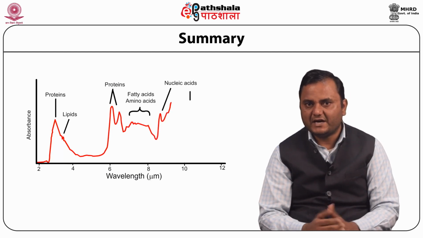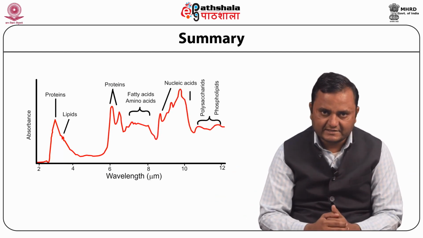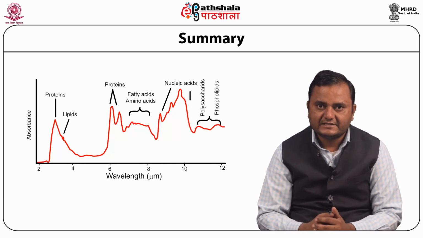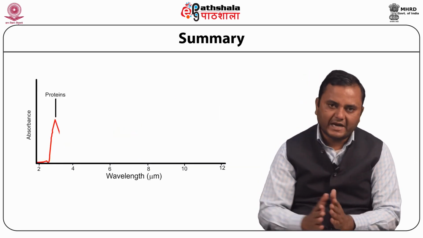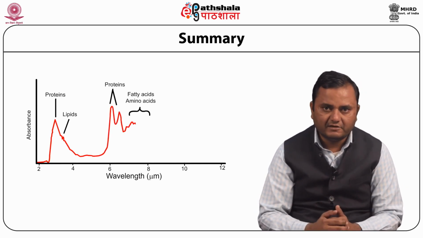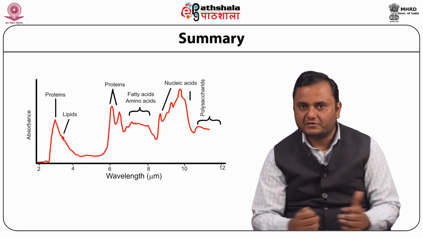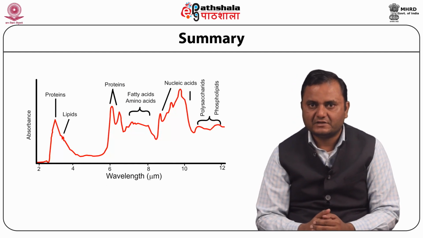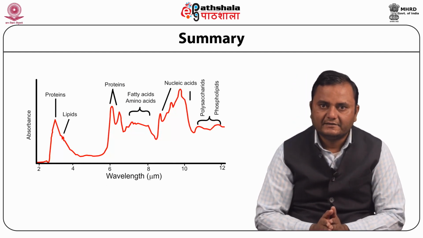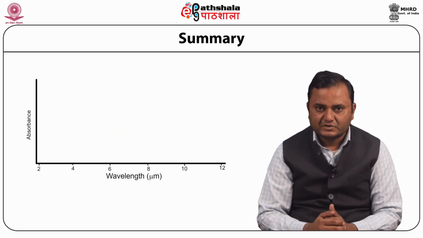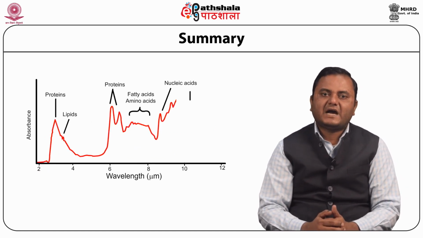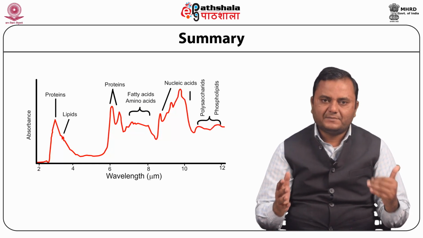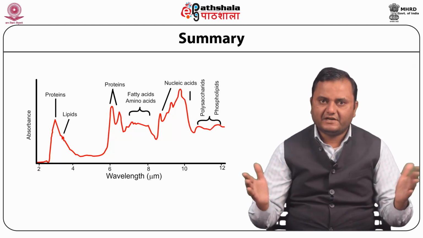Then you can see the broad band for fatty acid and amino acid, then a broad band with many shoulders for the nucleic acid, and then the bands for the phospholipids and other fatty acids. So this is the typical spectrum showing the IR absorption intensity at different wavelengths.